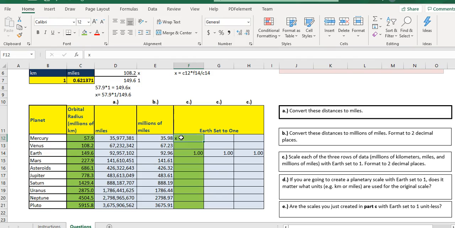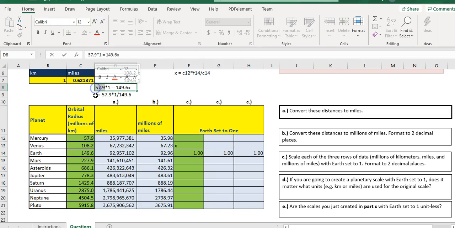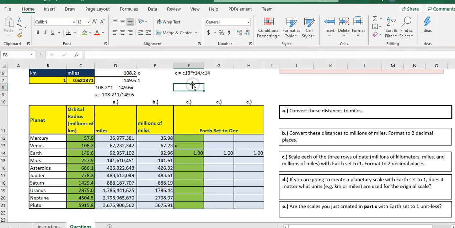The x would now be down here, so it would still be x over 1. So when I cross multiplied, the only thing that would change here is that this would be 108.2, and this would be 108.2. Right? So that means that this would change to C13, but everything else would be the same.